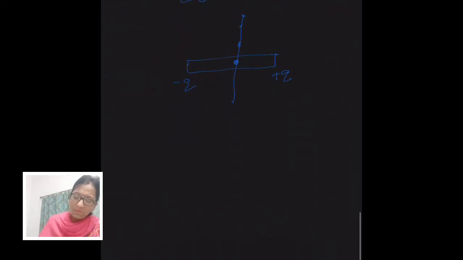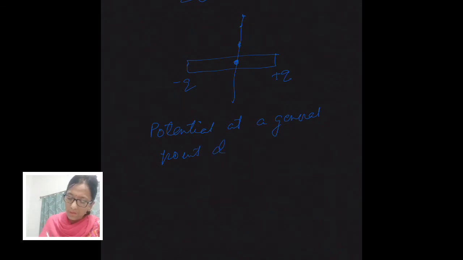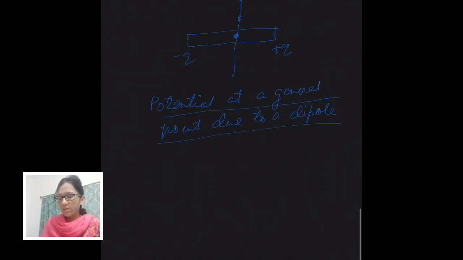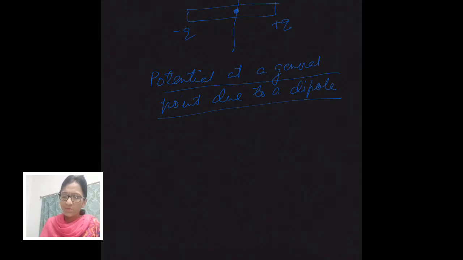So now, potential at a general point due to a dipole. We will go a simple way. We will not go through a very elaborate way. So let me start.